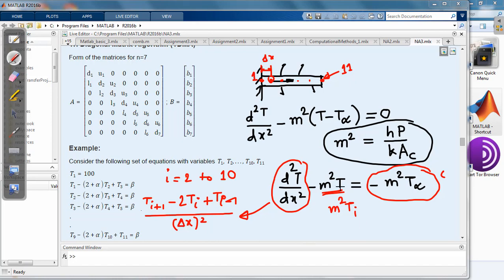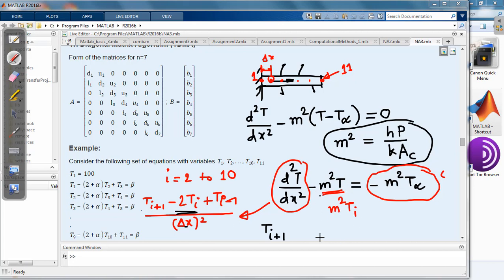Now if you simplify after multiplying by delta x square, you will end up with an equation of the form T(i+1) minus 2Ti minus m square Ti into delta x square.